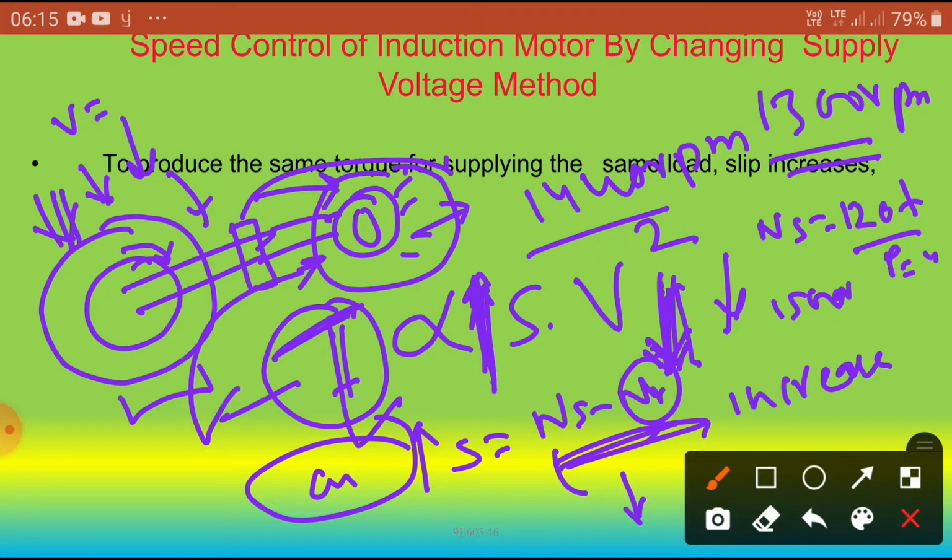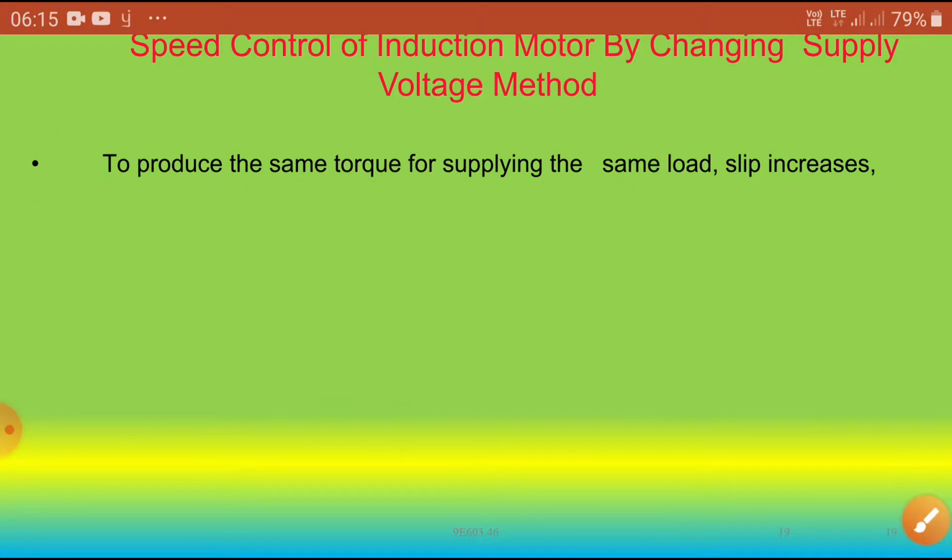The rotor speed decreases, and we get 1300 rpm instead of 1440 rpm. That means our aim, reducing the speed, is achieved by changing the voltage. Students, don't get confused here. These are just the basic equations. Let us conclude it.